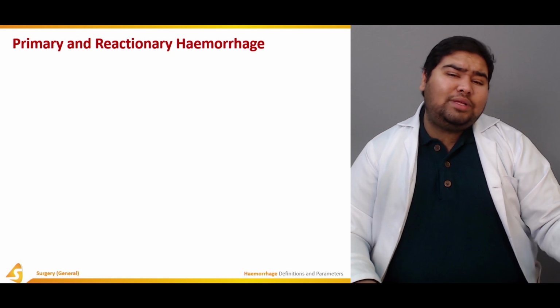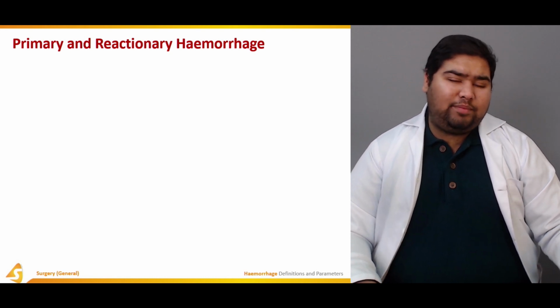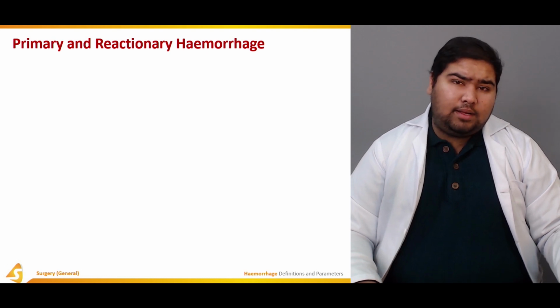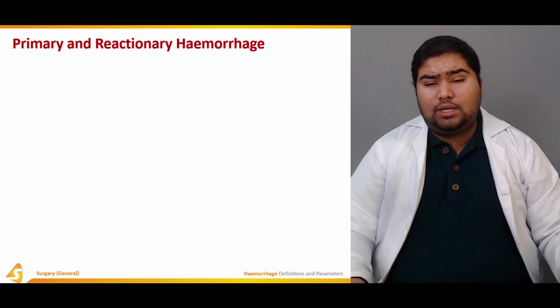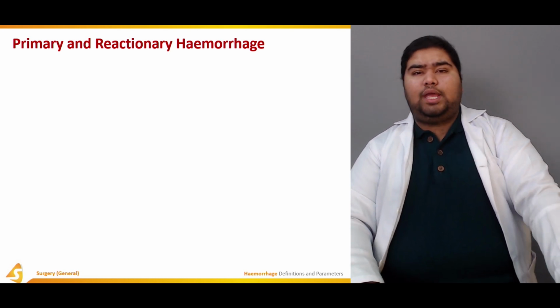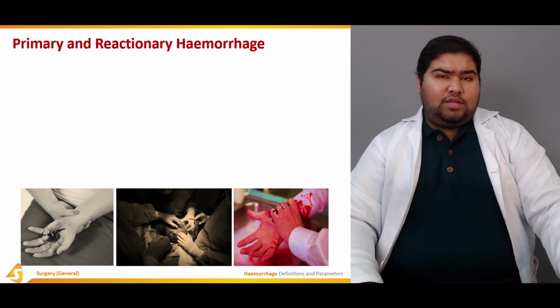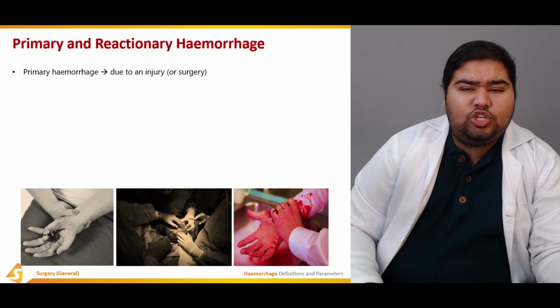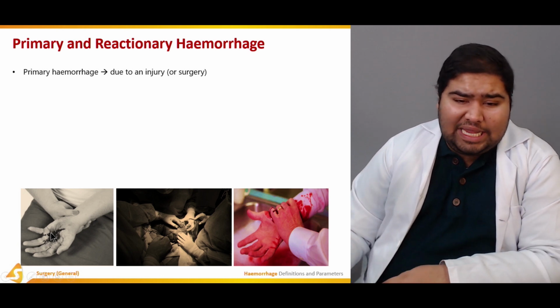Moving on to the next classification system, the next important definitions, we have the primary and the reactionary hemorrhages. Let's see what these are. Primary hemorrhage occurs due to an injury or surgery. Here you can see an injury has occurred.